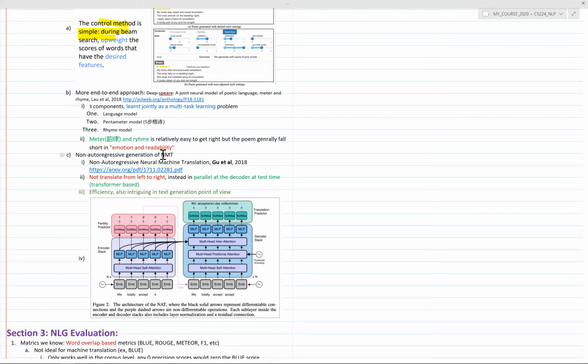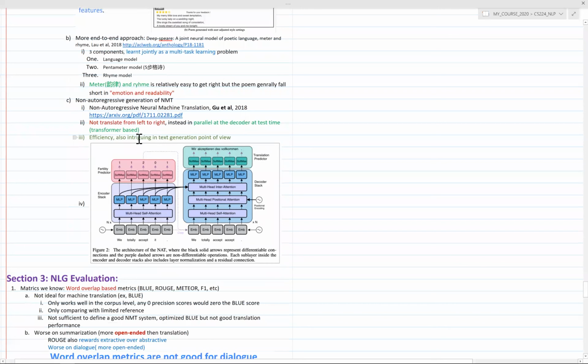So we're using the transformer in this case, which is clear is that using the transformer would make the system more efficient, and it also is intriguing from the text generation point of view.